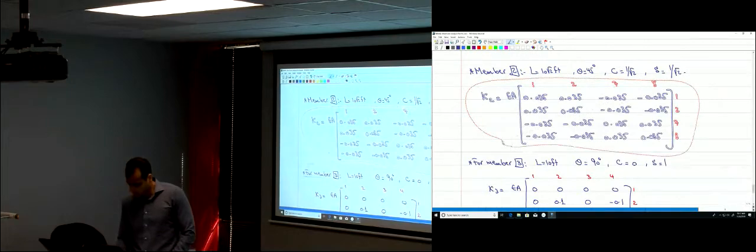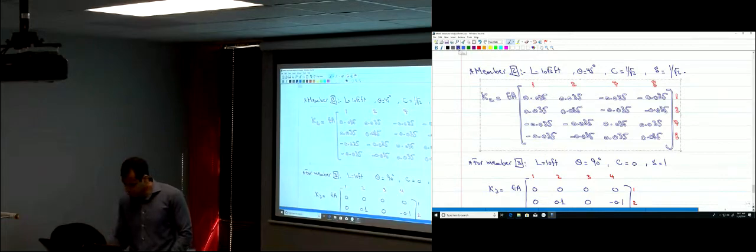It's going to look somewhat close to K2 because the cosine and the sine are the same in terms of the magnitude, but the sign is different. So I'm just copying this, and then I'm putting this here.